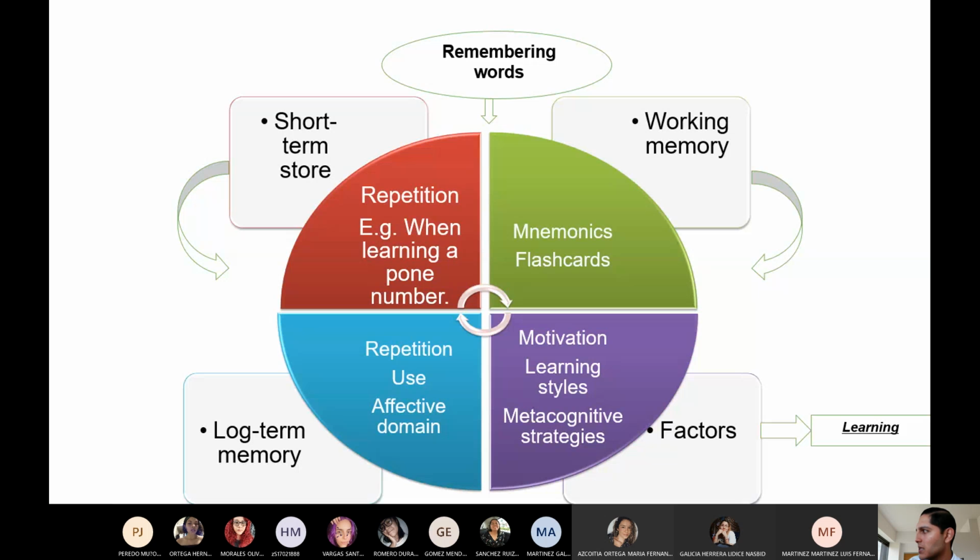A great part of the process has to do with the student's performance, behavior, and attitude. So it's a great responsibility on the student, but you can enhance it by means of the implementation of your tasks, including motivation, learning styles, diversity, and the use of different strategies.